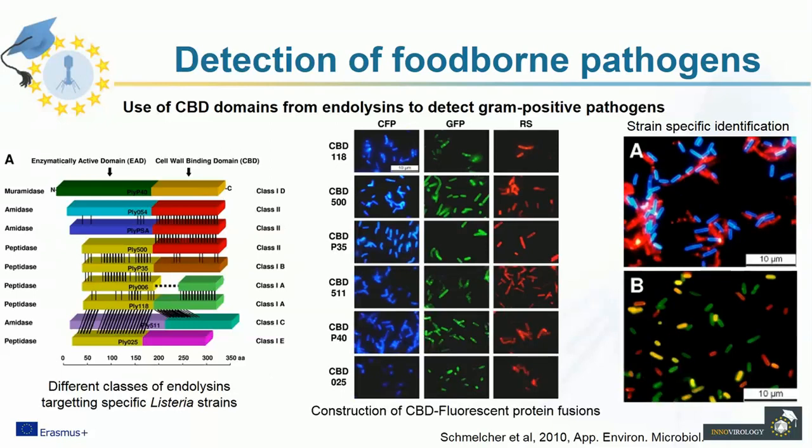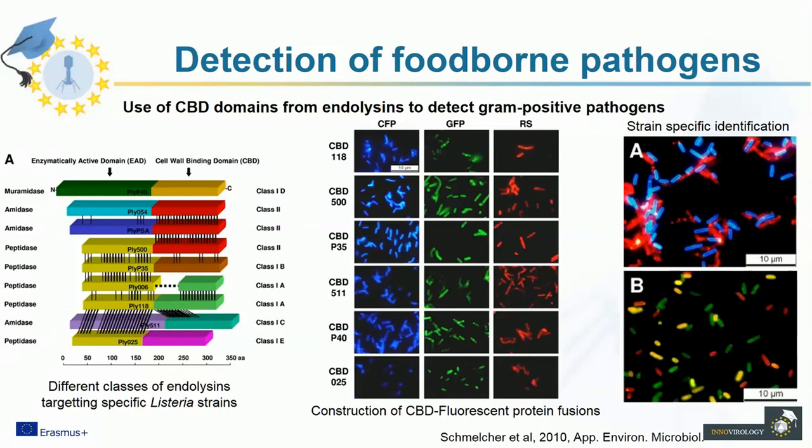One phage component that can be used to detect and recognize specific gram-positive bacteria are the cell wall binding domains of endolysins. The manuscript discussed here shows the optimization of a library consisting of fusion proteins between fluorescent reporters and the cell wall binding domains of different classes of endolysins targeting Listeria monocytogenes.